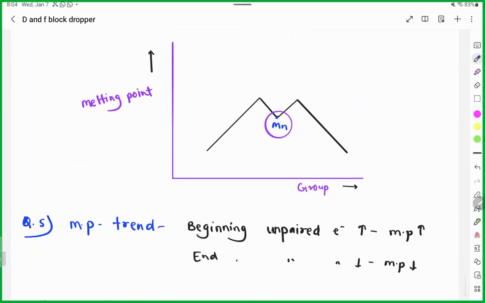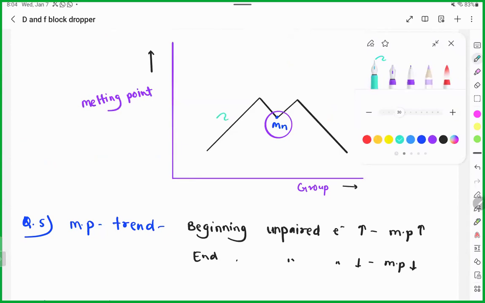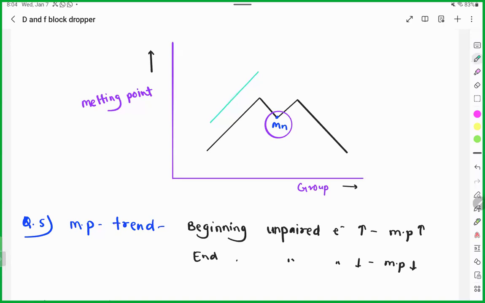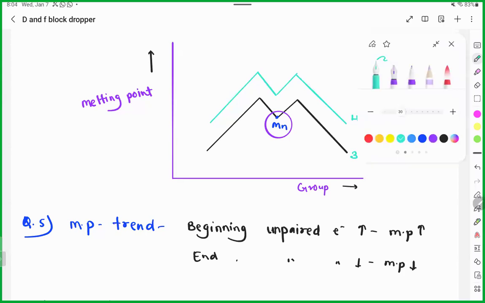If you try to make it for the 4d series, I'll change the color. It will be more or less the same: this, then it will dip. So this is the 3d series. This one is the 4d series. And in the same way you can have the 5d series.